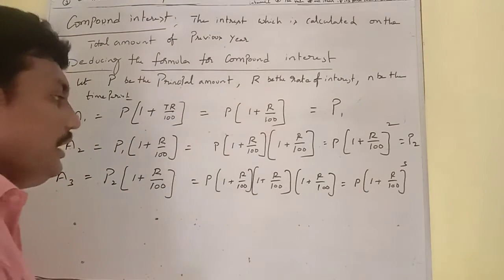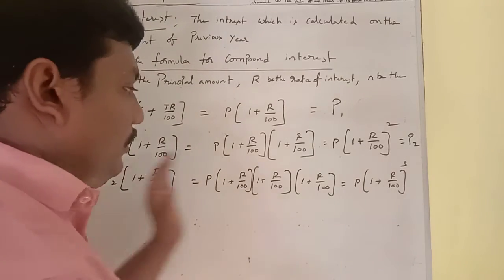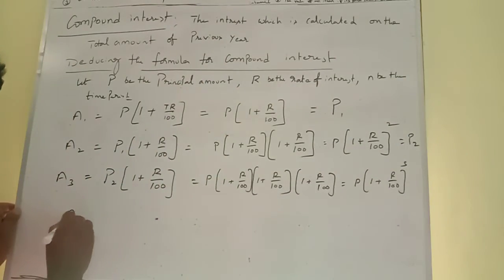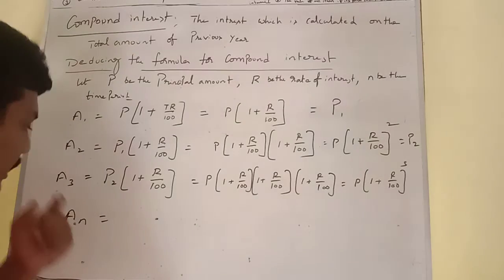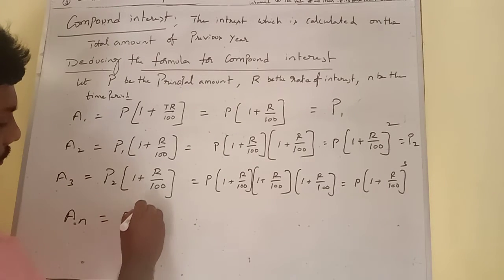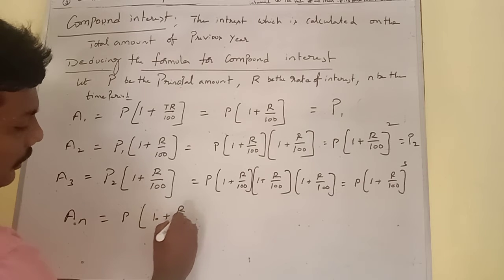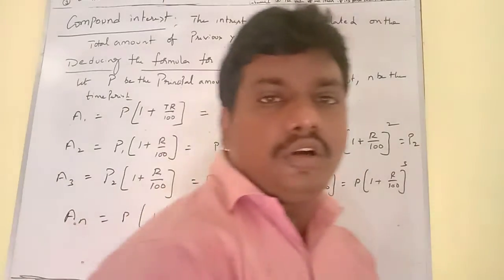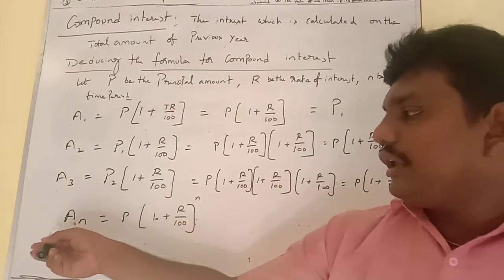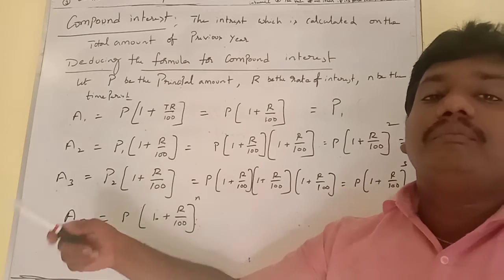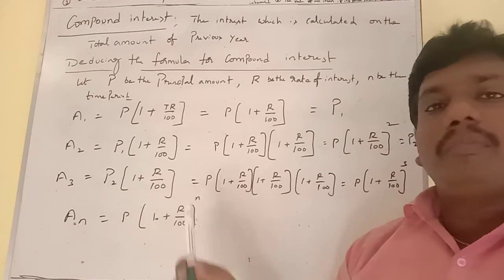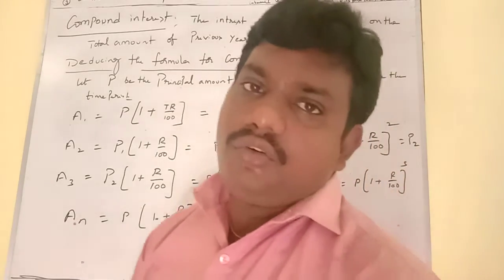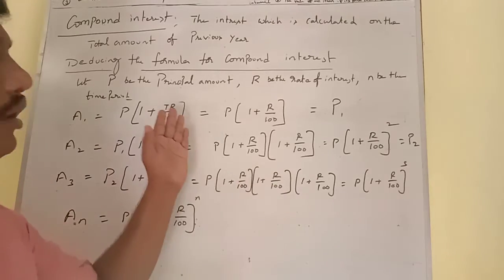So the amount in the third year becomes P into 1 plus R by 100 whole cube. Like that, the amount in the nth year becomes P into 1 plus R by 100 whole to the power of n. This is the formula we deduce. So the amount in the nth time period is P into 1 plus R by 100 whole to the power of n. Like that we deduce the formula of compound interest.